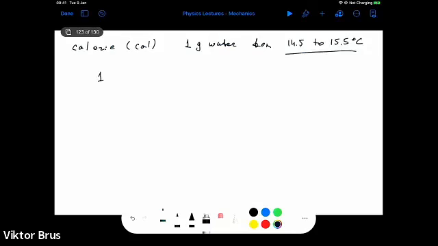So it was shown that 1 calorie is equal to 4.186 joule.